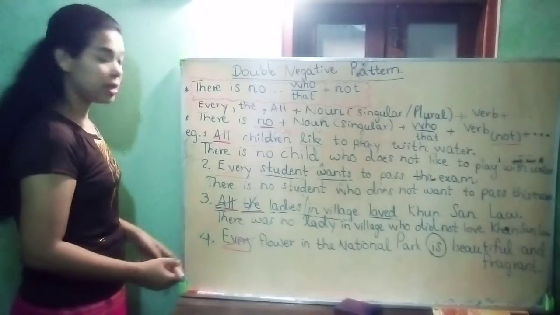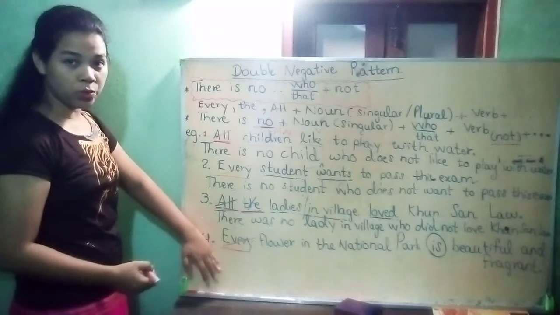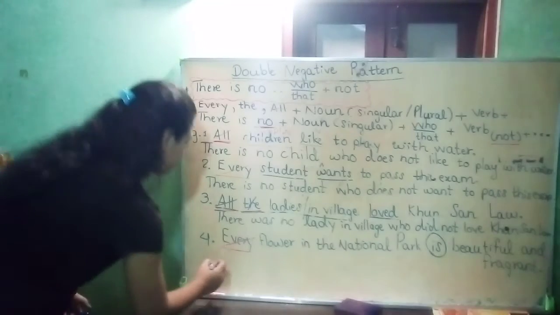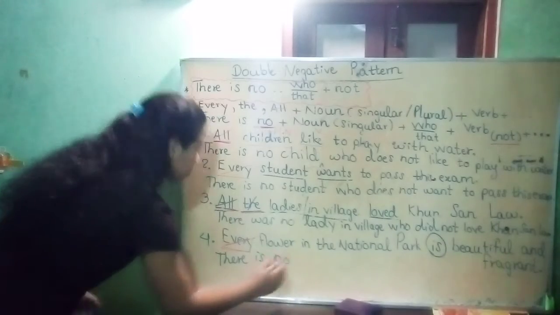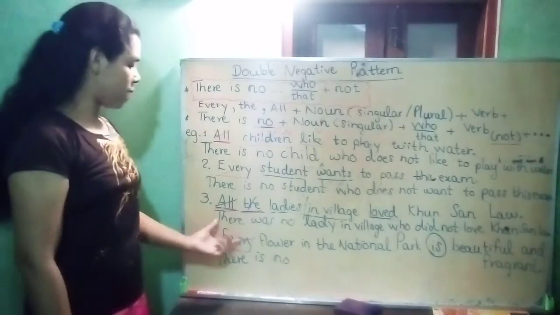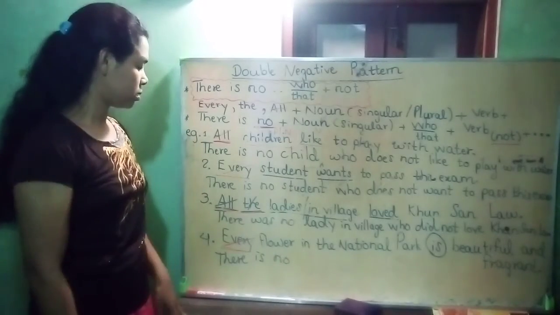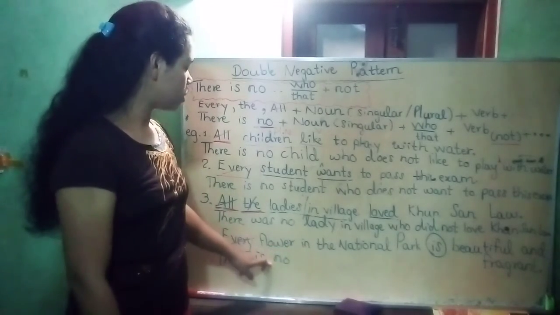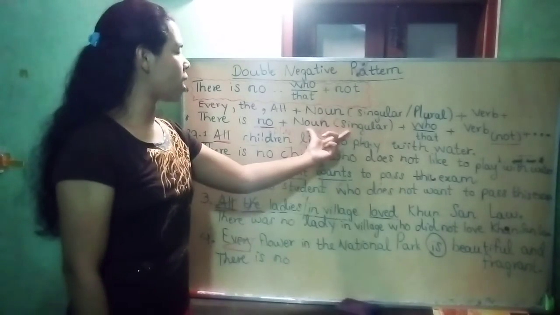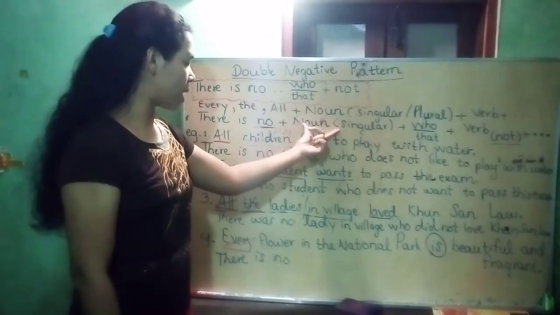And please begin the sentence with there is no. After that, negative no is followed by a singular noun.